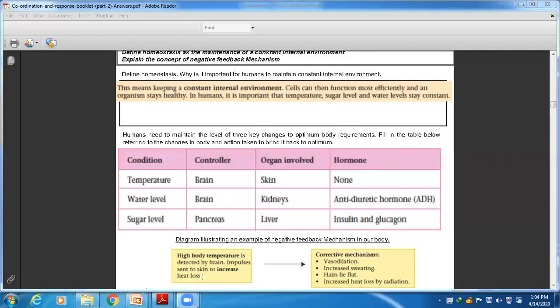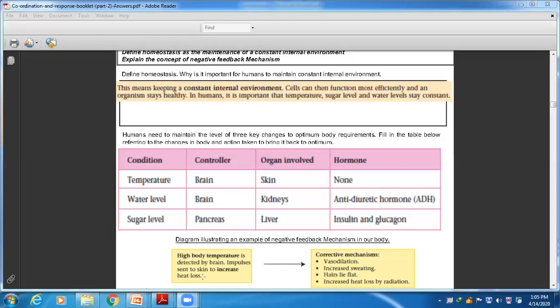Impulse will be sent to the skin, okay, and changes will come in your skin: the artery will dilate, more blood will move toward your skin, by radiation, and even the sweat glands will activate, they will start sweating. So by all these things your body temperature will come back to normal.